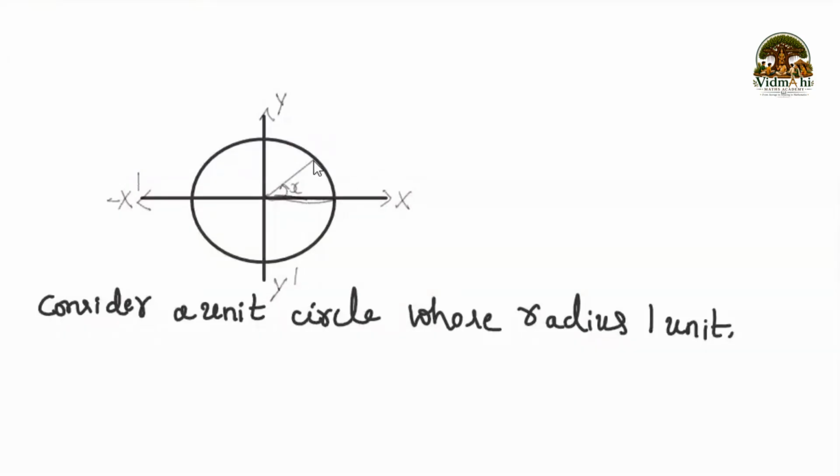Consider here perpendicular distance. Okay, now represent this point as P, this as O, this is M. Now the distance OM is nothing but A and PM distance is nothing but B. Now tell me the coordinates of P. So X distance and Y distance.